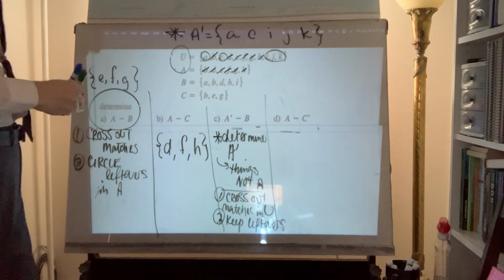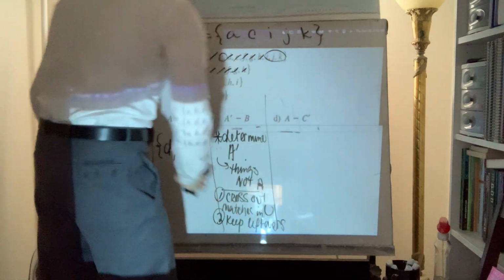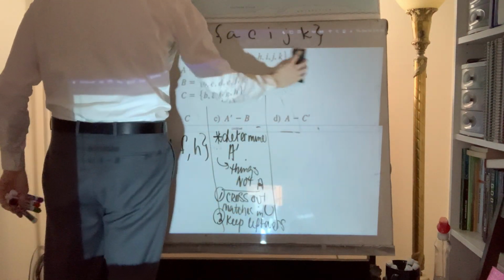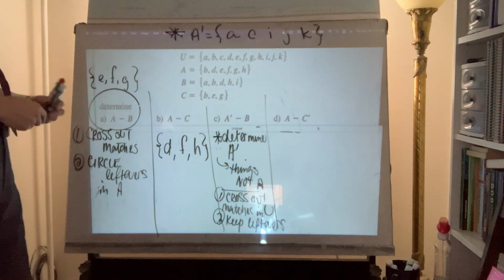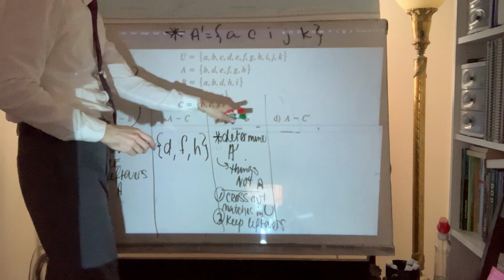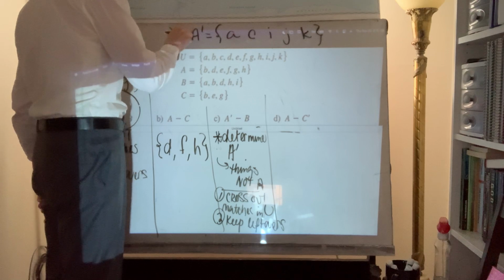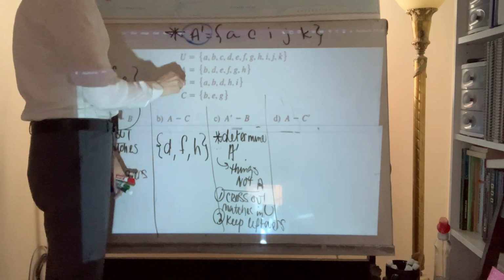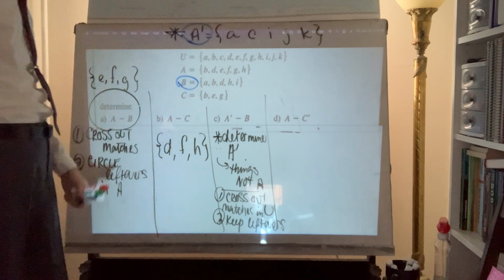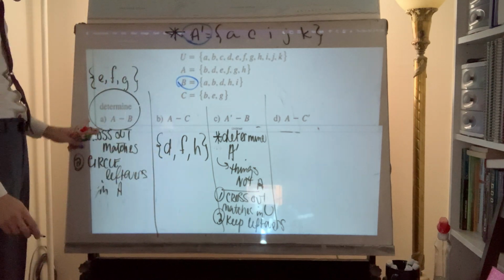Now having done that work, I'm going to clean this up, not to get distracted, and zero in on these things that are relevant. The thing that I've just determined, A prime, and what is being subtracted, which is B. In this situation, remember, what are you going to do for differences?